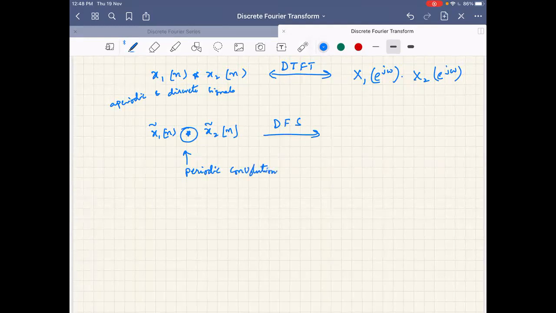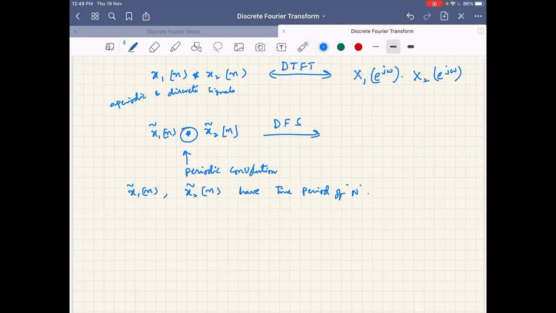What does this periodic convolution do? For simplicity, let x1 tilde of n and x2 tilde of n have the same period, equal to N. Hence you can easily define periodic convolution.